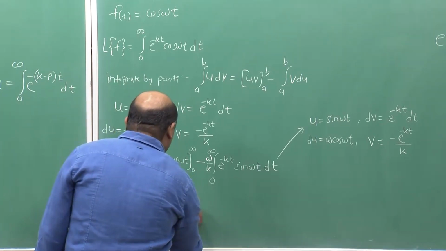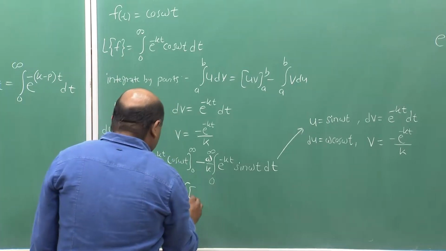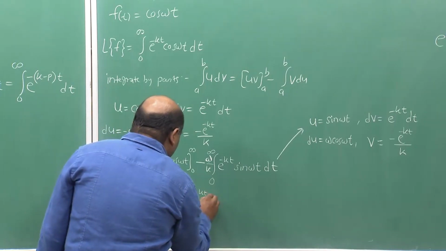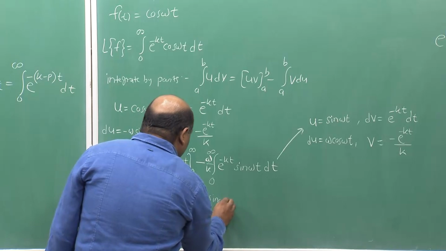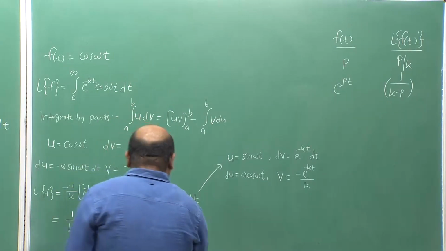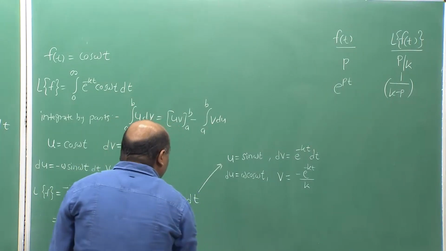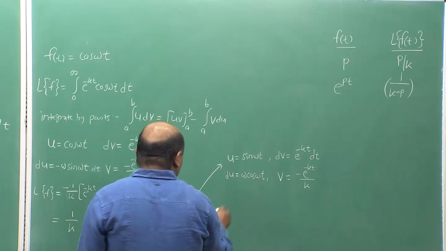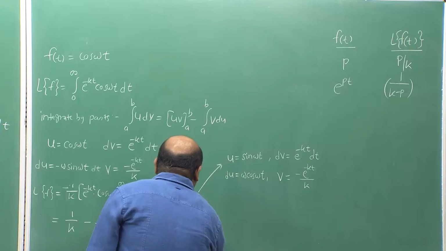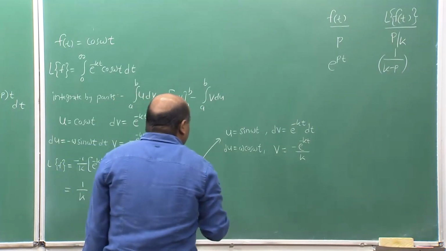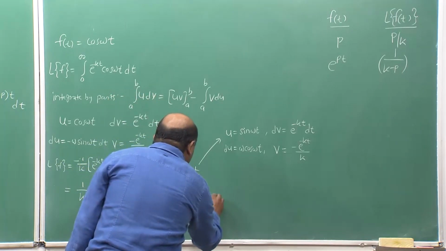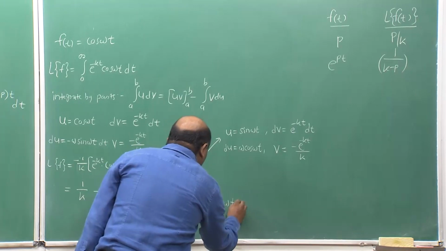Here u v is minus 1 by k times e to power minus k t sin omega t from 0 to infinity, minus minus, plus, v du, which will be omega by k integral 0 to infinity e to power minus k t cos omega t dt.